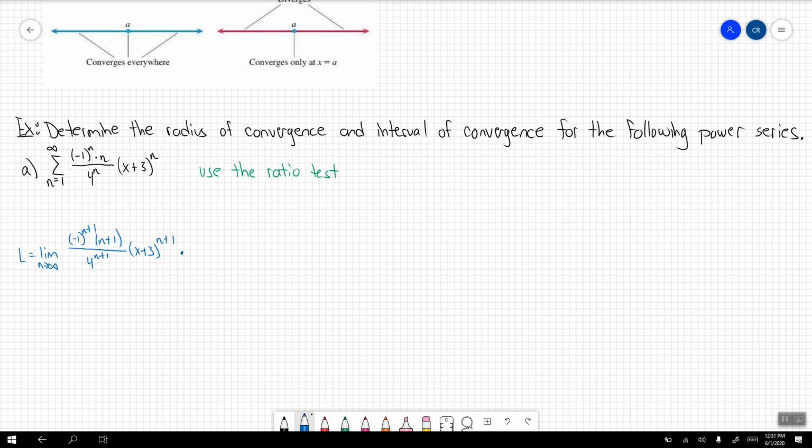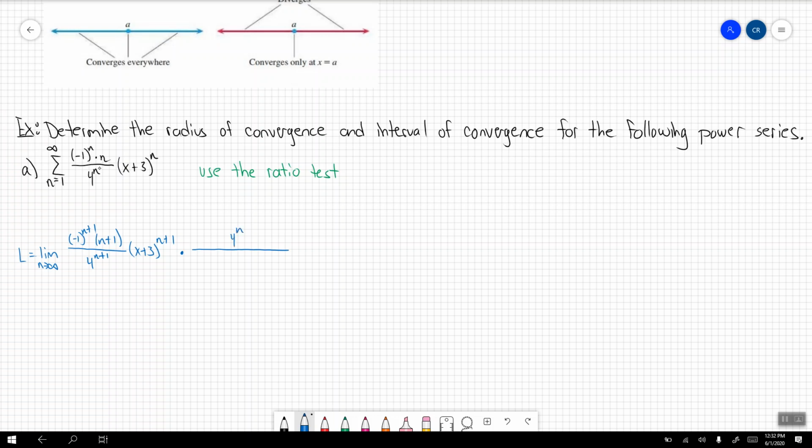Now remember, we need to divide this by a sub n, in other words, the formula using the n values. But if we're going to divide by that, and this is a fraction, that means we just multiply by its reciprocal. Its reciprocal in this particular case is just 4 to the n divided by n, let's make that a little bit nicer.